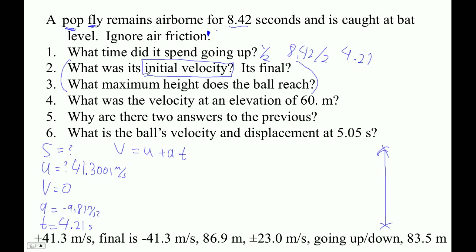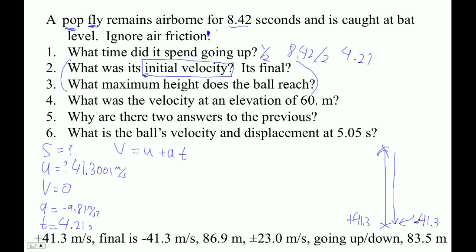By final velocity, I don't think they mean the final velocity at the top. I think they mean the final velocity upon impact. We could re-SUVAT this whole thing from the top to the bottom, but we can also just use symmetry and realize that if it starts at plus 41.3, it'll hit the ground at negative 41.3.